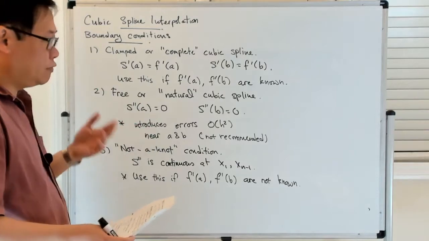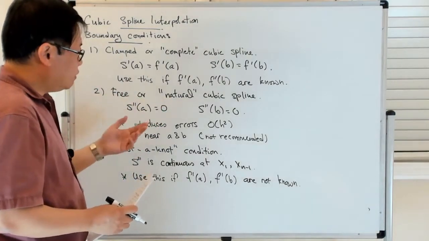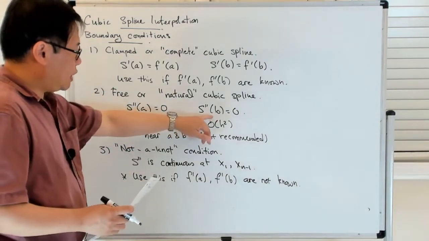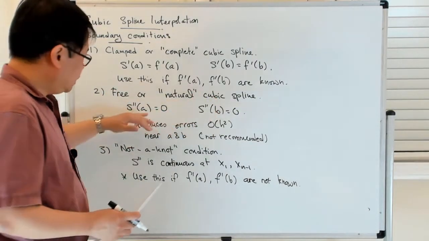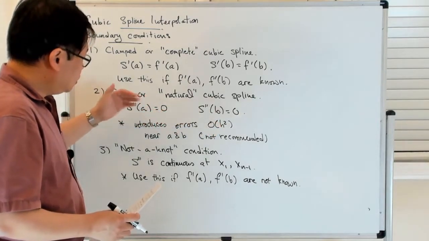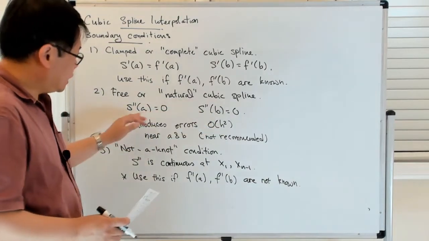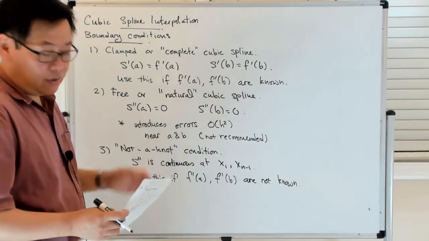But you're not really prescribing any strange data, whereas the free or natural cubic spline is imposing quite a stringent condition. It's something you don't necessarily know the function f satisfies, so you can introduce an order h squared error close to those endpoints if you choose that.